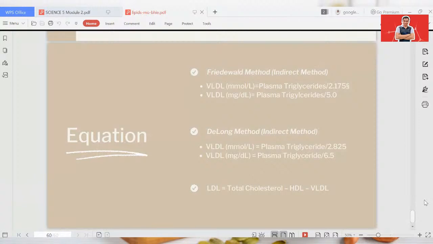Tas after nyo mag-solve guys is ilagay nyo kung ang reference value ng LDL niya, kung high ba siya or normal ba or borderline value or very high ang kanyang low density lipoprotein, using the Friedewald method.